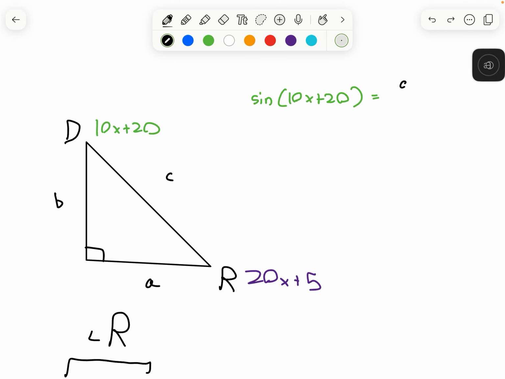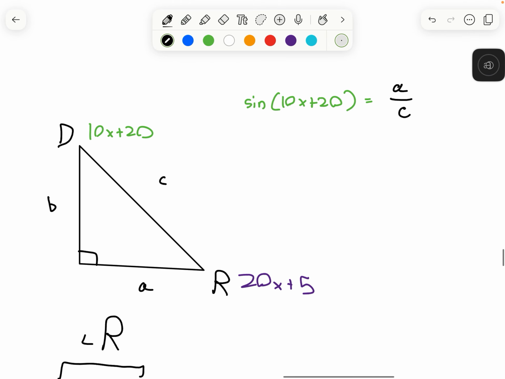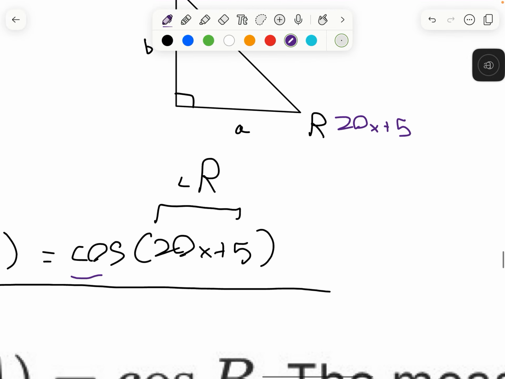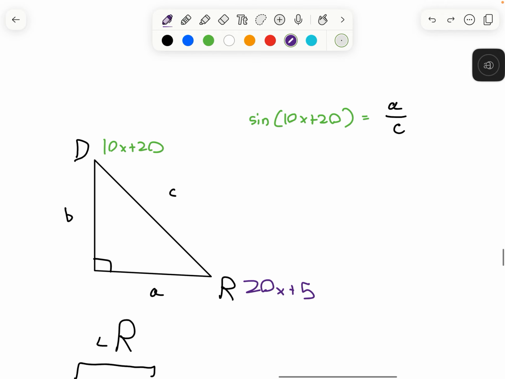So that's equal to A over C. And what else do we know? How do we think about cos of R? Cos of angle R, which is 20x plus 5. Remember, again, SOHCAHTOA, cos is adjacent over hypotenuse. So that's A over C.